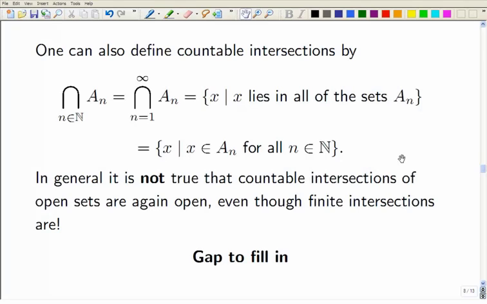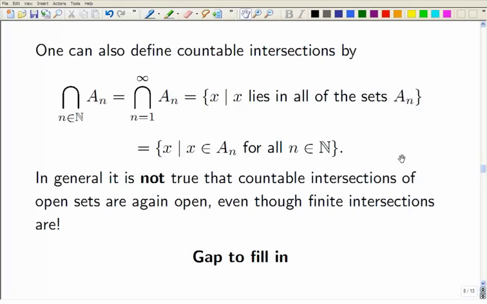Now, if you want to do intersections, you've got a similar idea. Suppose you've got infinitely many sets, and you want to intersect them all. Well, you're looking at those x which are in all of the sets simultaneously.